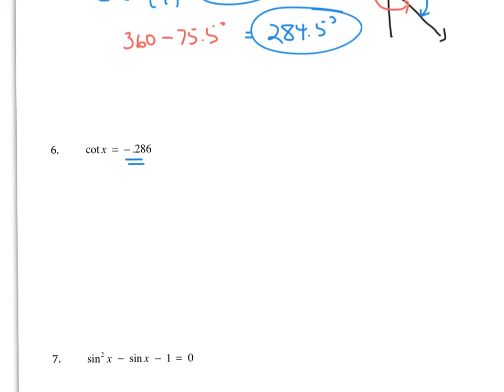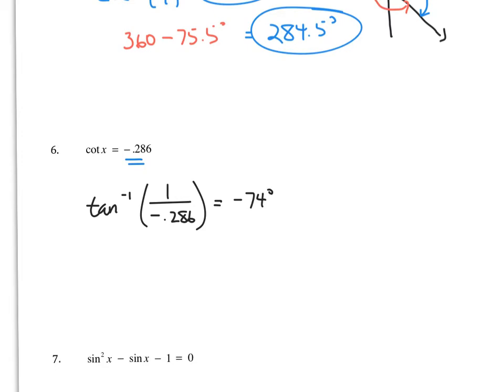For this one, you are going to do tan inverse of 1 divided by negative 0.286. So you always have to do the 1 divided by whatever the value is whenever it's a secant, a cotangent, or a cosecant. All right, if you hit enter on this, you should end up with negative 74 degrees.